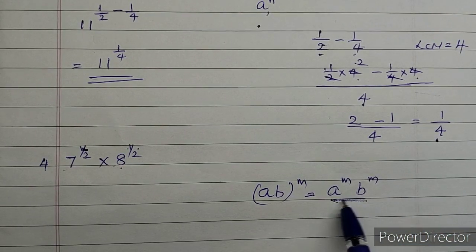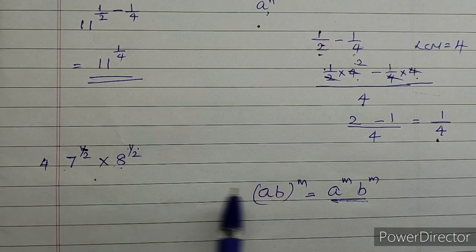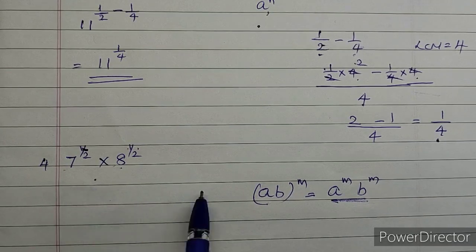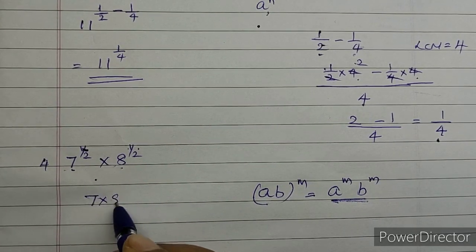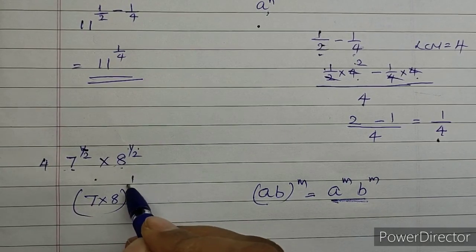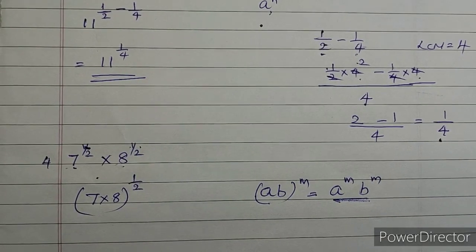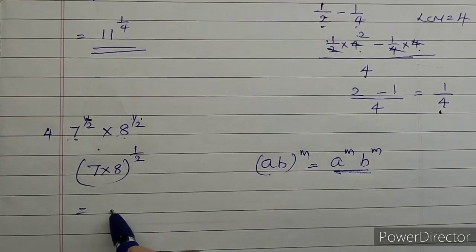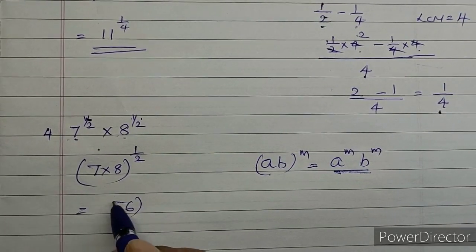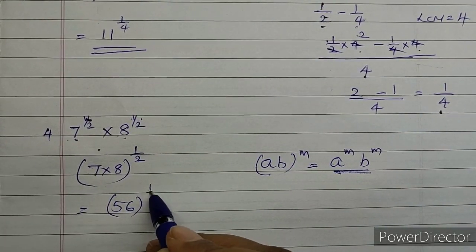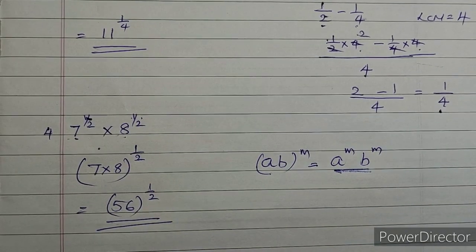So this RHS is given here. So you have to write the LHS as the answer. So AB means 7 into 8 whole to the power of the same exponent 1 by 2. So which is equal to 56 to the power of 1 by 2. That is the final answer.